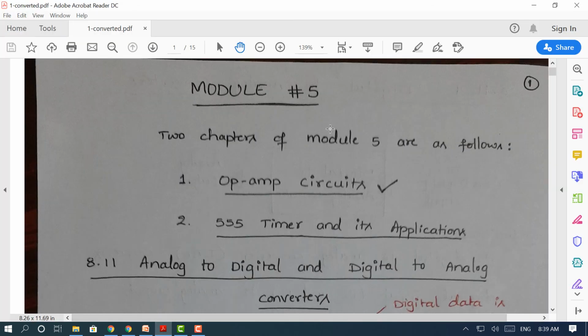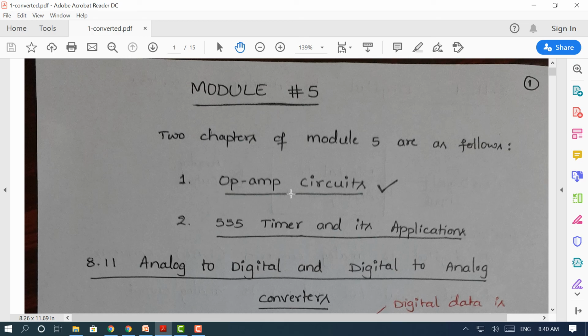This is module 5. Module 5 consists of two chapters, namely op-amp circuits. We are going to discuss a variety of op-amp circuits even in module 5. You might remember, in module 4 we have covered even a few op-amp applications. We've introduced op-amp and we have covered a couple of applications in module 4.